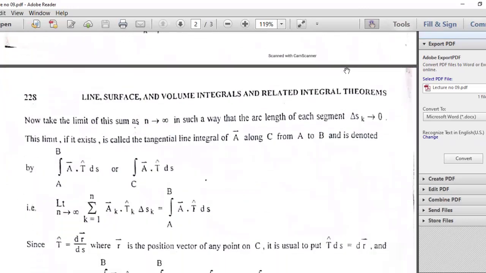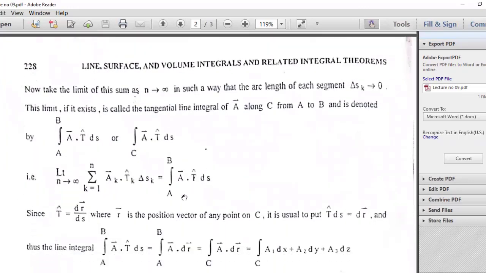The integral covers the whole sum from A to B of A dot T ds. Here we specified one portion, and now we generalize this relation: Ak converts into A, Tk converts into T, and delta sk converts into ds.